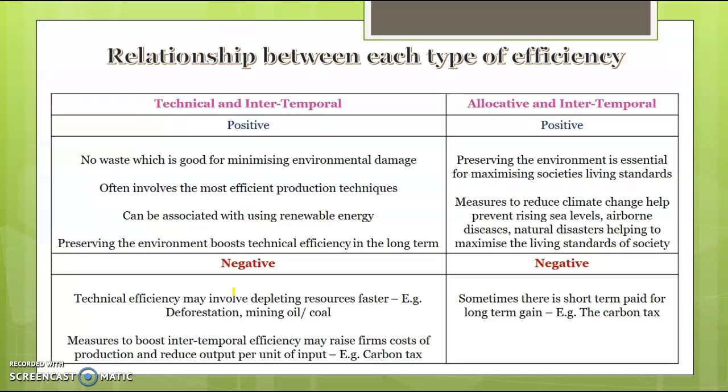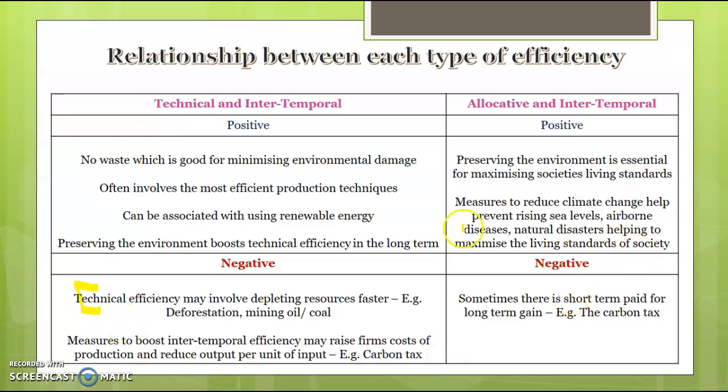It may make them less productive in theory, and that can be bad for technical efficiency. So there can be a negative relationship to being technically efficient if we're using more of our resources, deforestation, coal, etc. It can be negative for intertemporal efficiency if that comes about from a higher cost of production for firms.